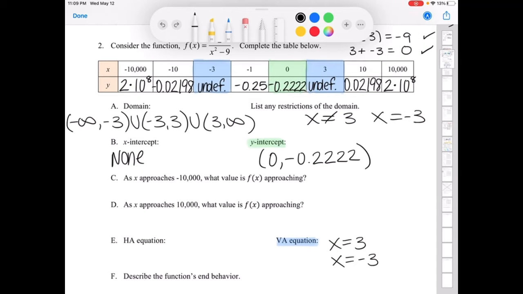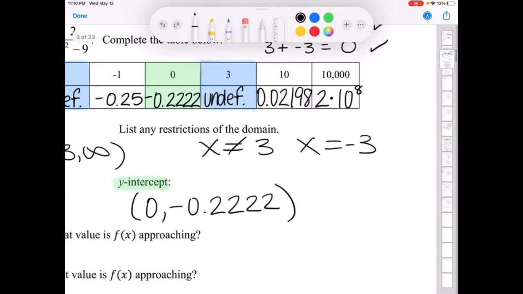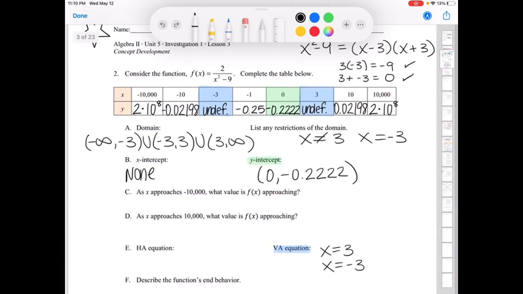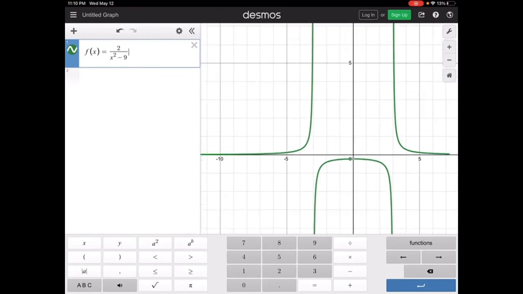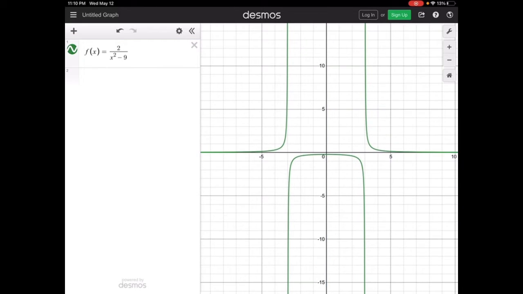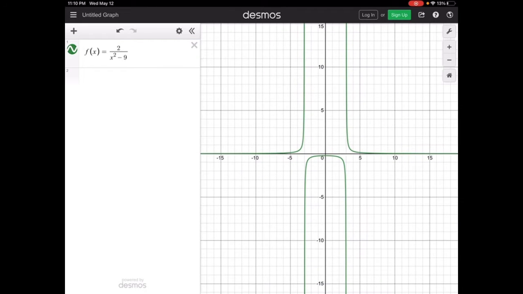If you look at the 10,000 and negative 10,000 values, you have 2 times 10 to the 8th, and you have the same value over here. So we want to know, what's happening here? If I go to my graph, it's asking, if I'm going towards negative infinity or positive infinity, what's happening to my y value?